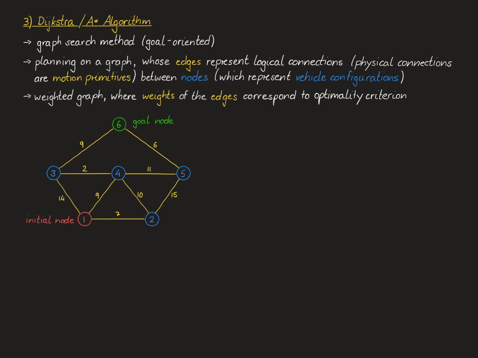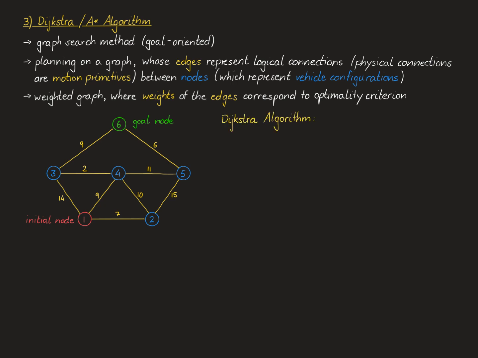So in summary, the goal of the algorithm is to find an optimal path through the graph from the initial node to the goal node, such that the sum of the weights of the edges that are traveled along by the vehicle is minimized.